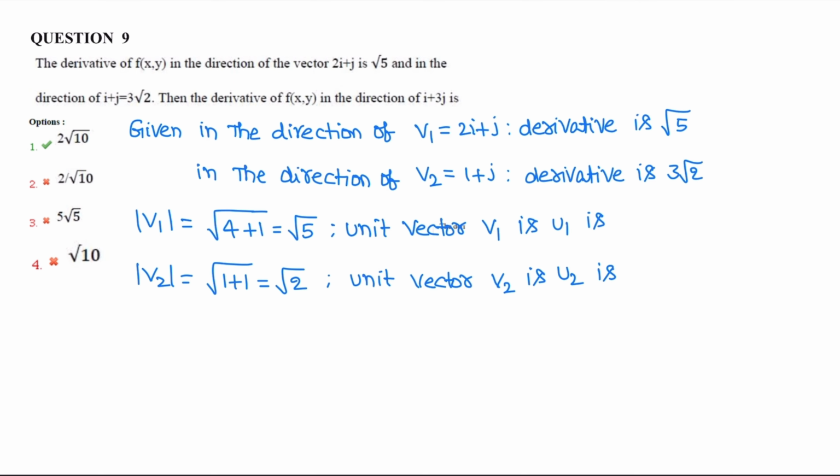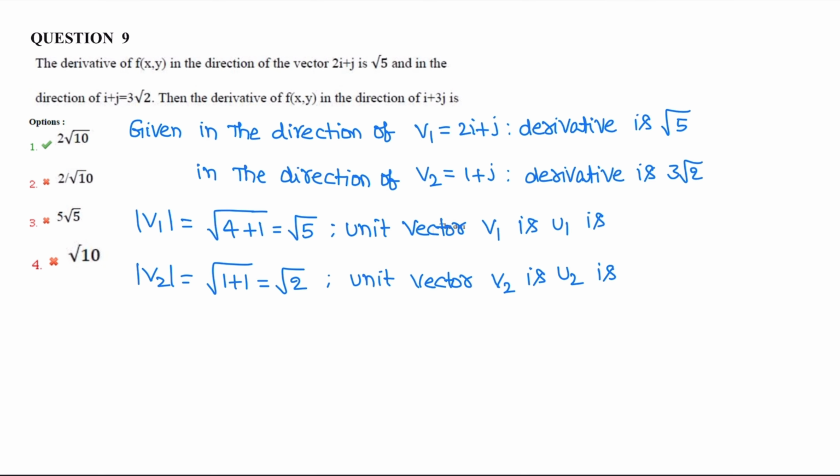In the given question, they have given the direction of vector v1, 2i plus j, its derivative is root 5, and in the direction of vector v2, i plus j, the derivative is 3 root 2.